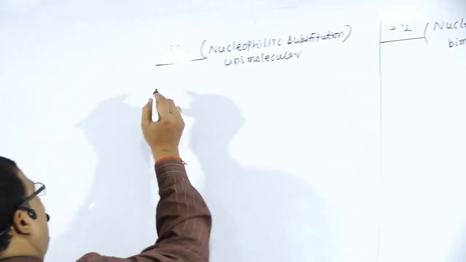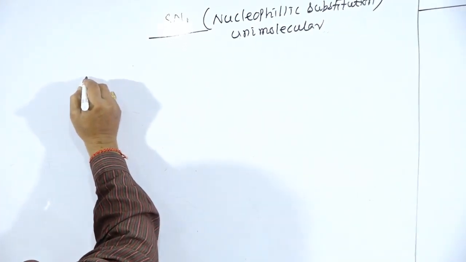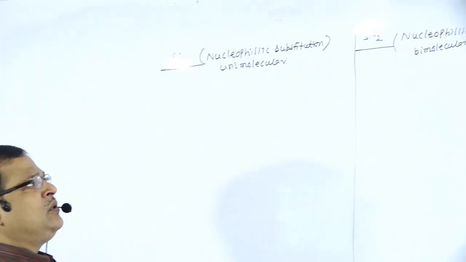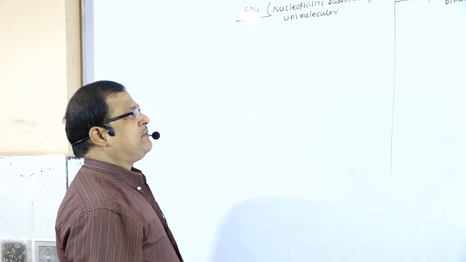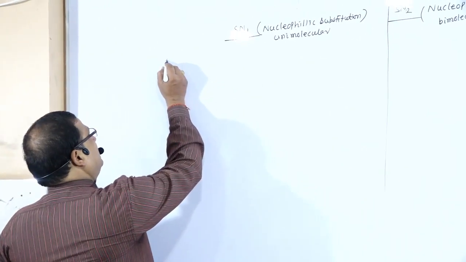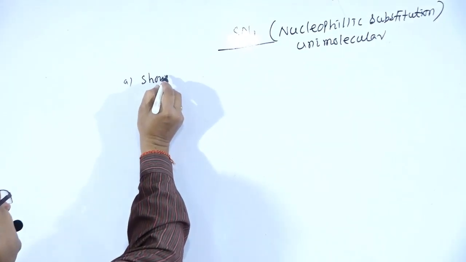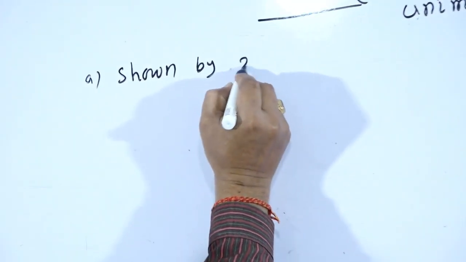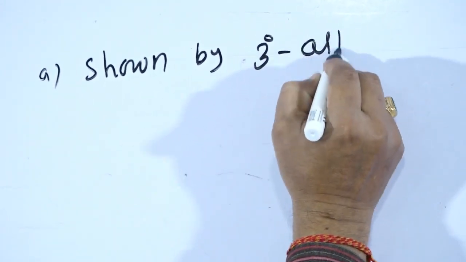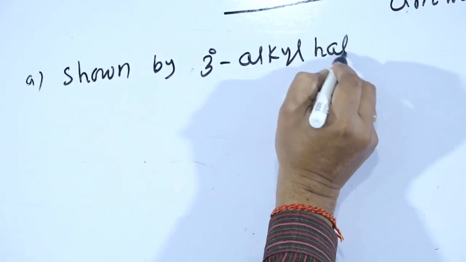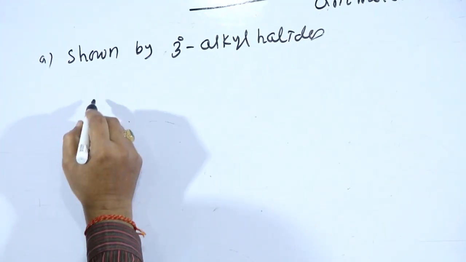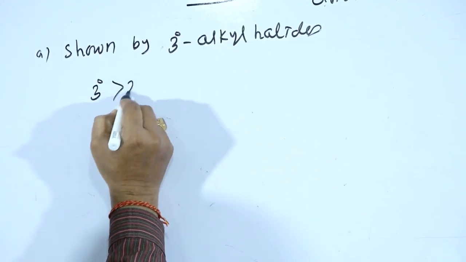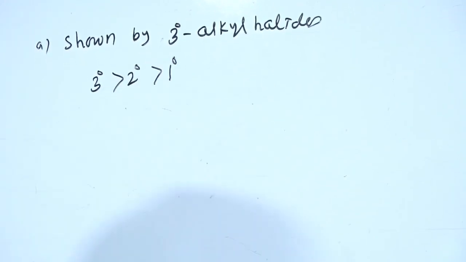We will explain these reactions in detail. First I am giving the difference between the two, and we will discuss by giving suitable examples how the mechanism takes place. The first one is shown by tertiary alkyl halides. The trend is 3 degree greater than 2 degree greater than 1 degree.